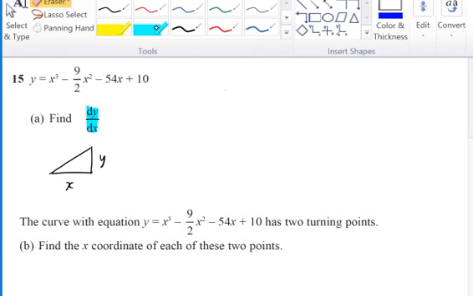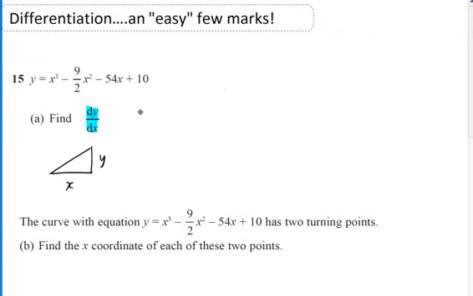To differentiate, all you do is take the power. So we'd start with something like y equals x to the power n, let's say. You bring the n down, and it becomes dy by dx equals n x to the n minus 1.